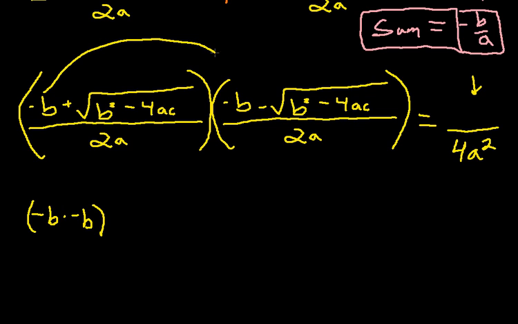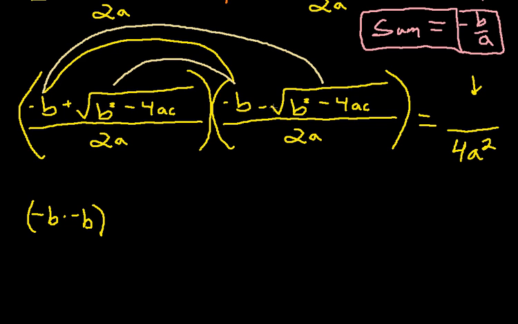Then we're going to have some canceling happen here. We have the plus square root of b squared minus 4ac times negative b. That's going to cancel with this guy over here, which is minus the square root of b squared minus 4ac times negative b. So we have the plus and we have the minus. They cancel out. They're not even going to factor in.